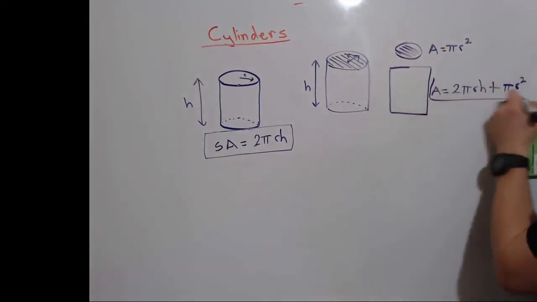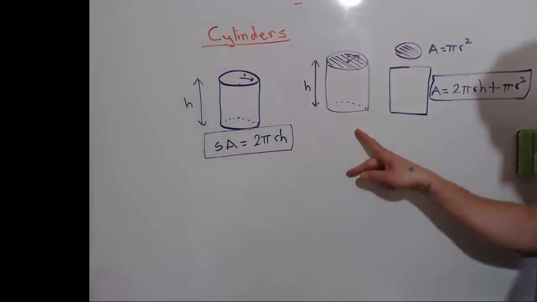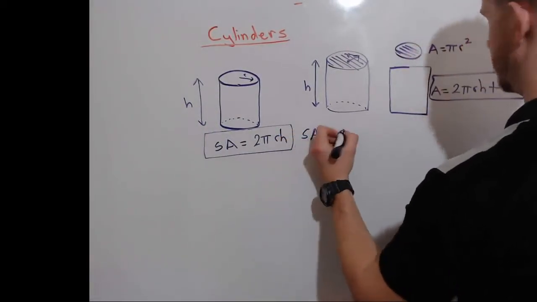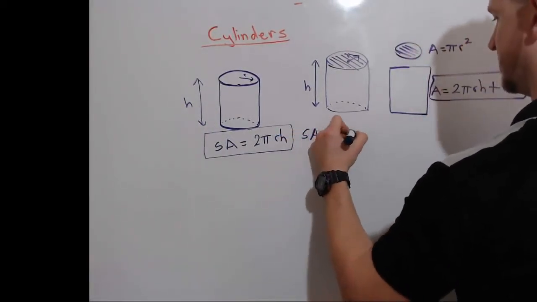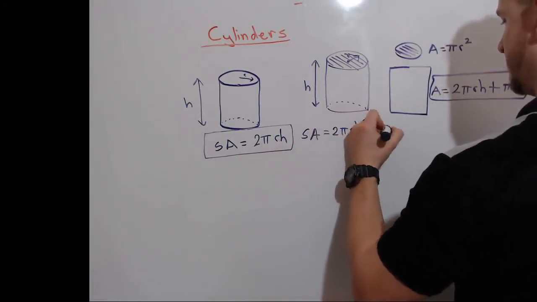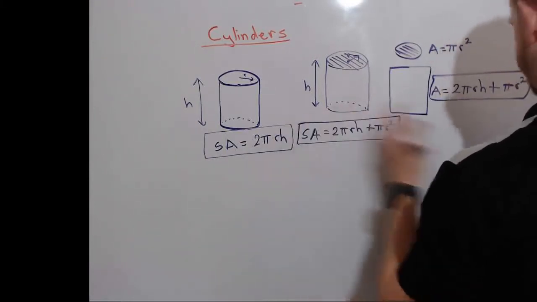So this bit here is the area for a cylinder with one lid. So if I rewrite that here, this is surface area. It starts off looking the same as the one with no lid, but now I add a single pi r squared because it has a lid.